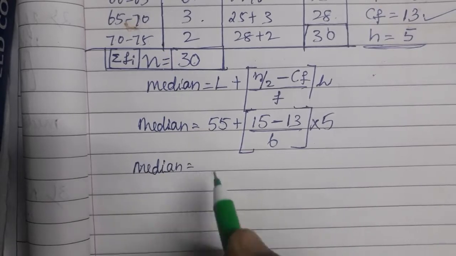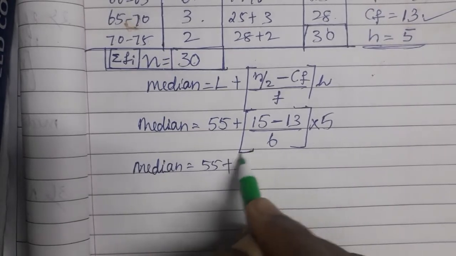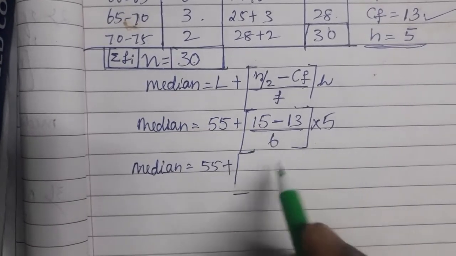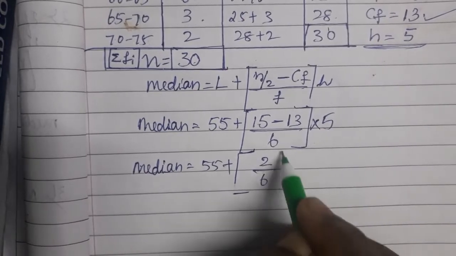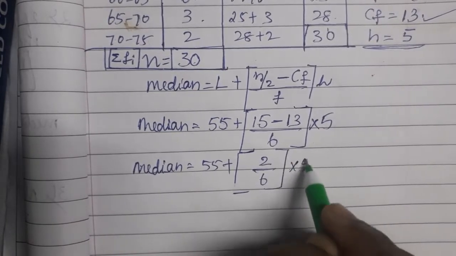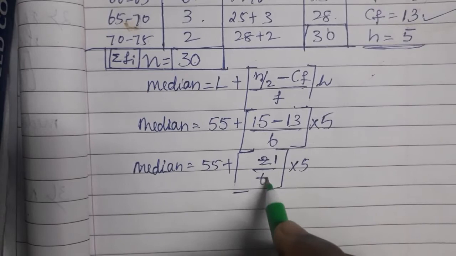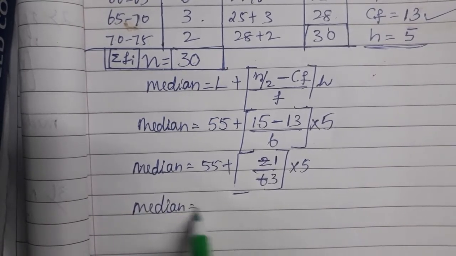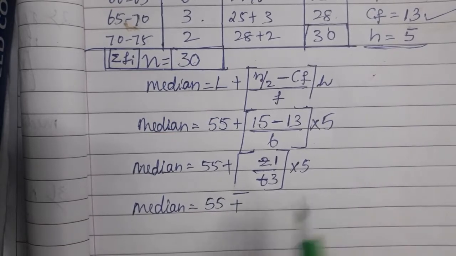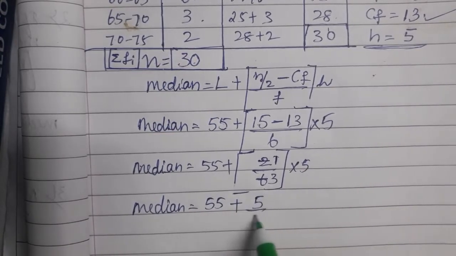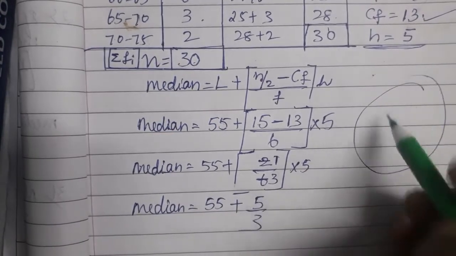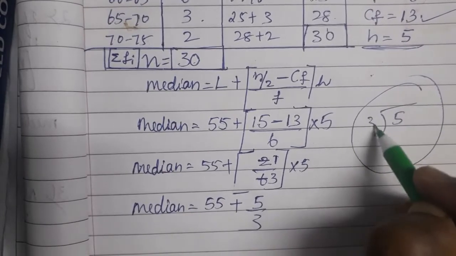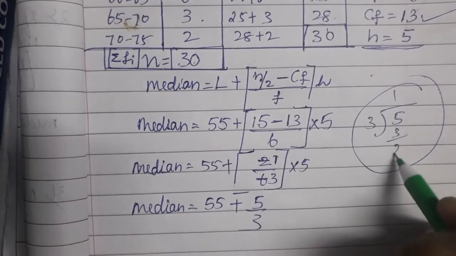Median is equal to 55 plus, open the bracket, 15 minus 13 is 2 by 6, close the bracket, into 5. You can simplify this. 2 1s are 2, 3 1s are 3, so median is equal to 55 plus 5 1s are 5 by 3. Divide 5 by 3. 3 1s are 3. 5 minus 3 is 2.